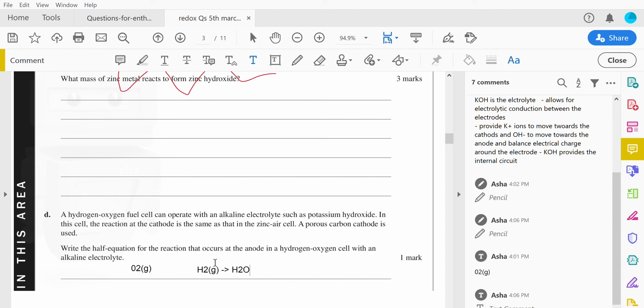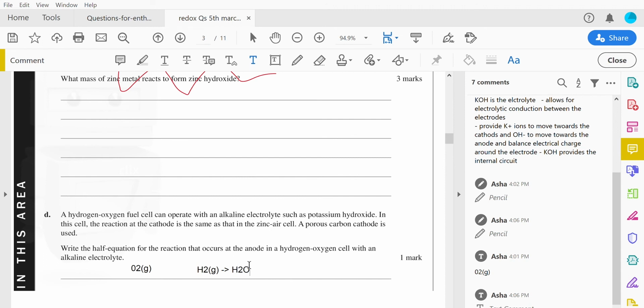Hydrogen, when it's H2, it's 0. Hydrogen in water is going to be positive. So that's going to be that loss of electrons.